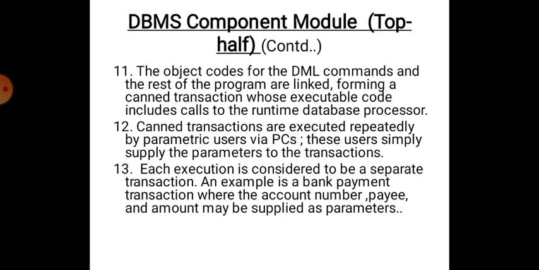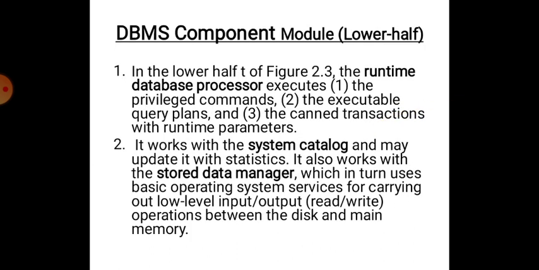These users simply supply the parameters to the transaction. Point number 13. Each execution is considered to be a separate transaction. An example is a bank payment transaction where the account number, payee, and the amount may be supplied as parameters.